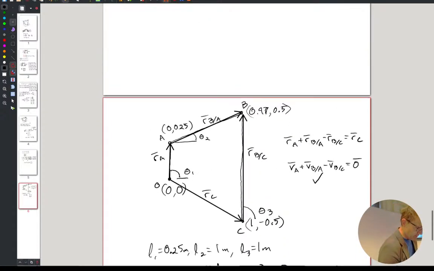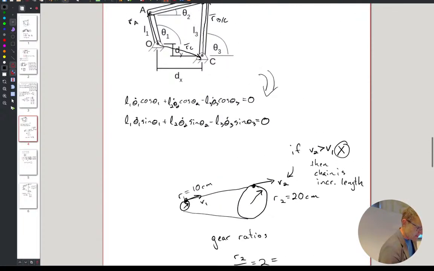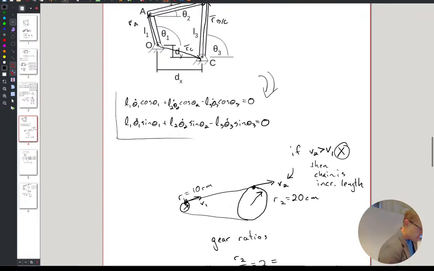But I already went through the work of defining this set of equations and setting up these sets of unknowns, so I can jump right into that equation.